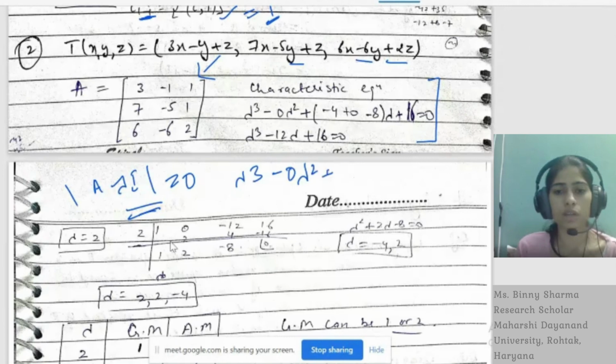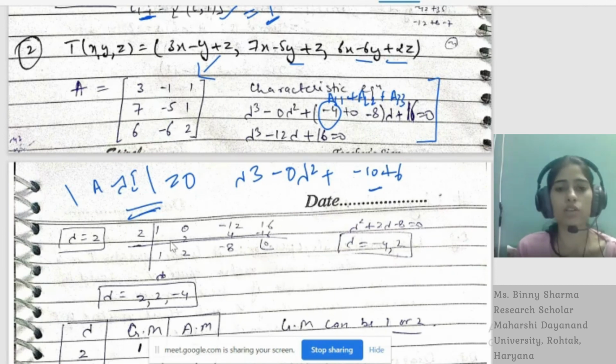plus, and how to find cofactors: A11, that is minus 10 plus 6, that is minus 4. Here is A11 plus A22 plus A33. So A11 is minus 4.